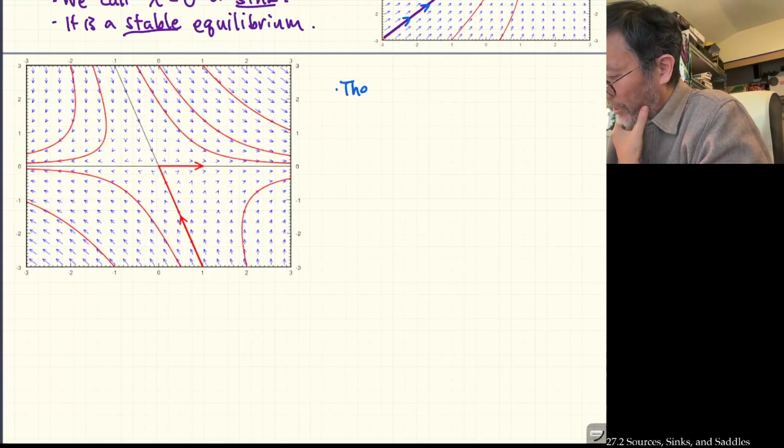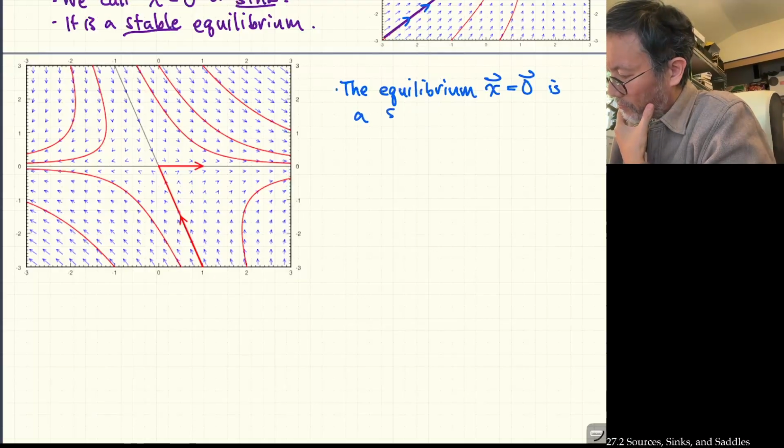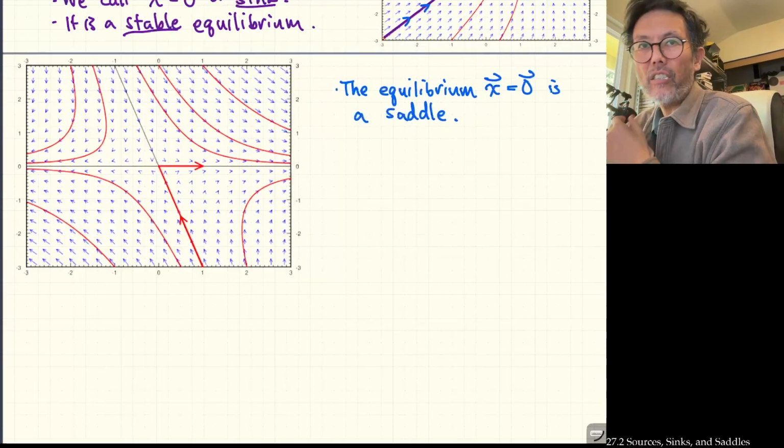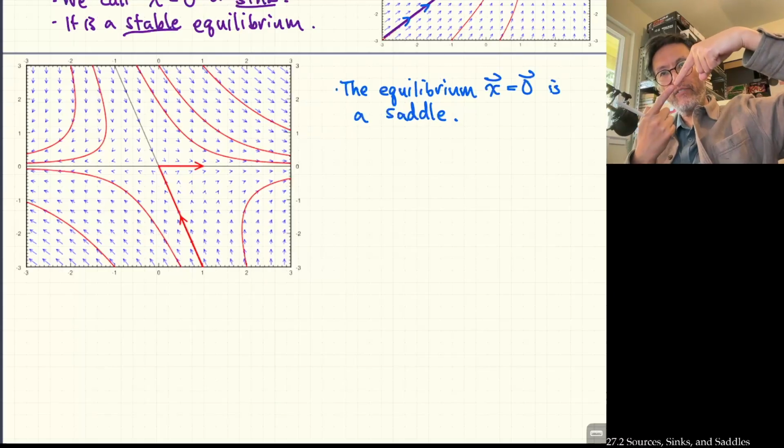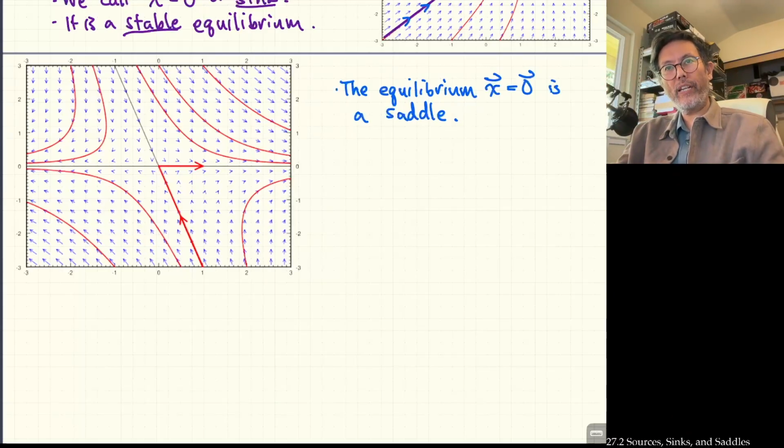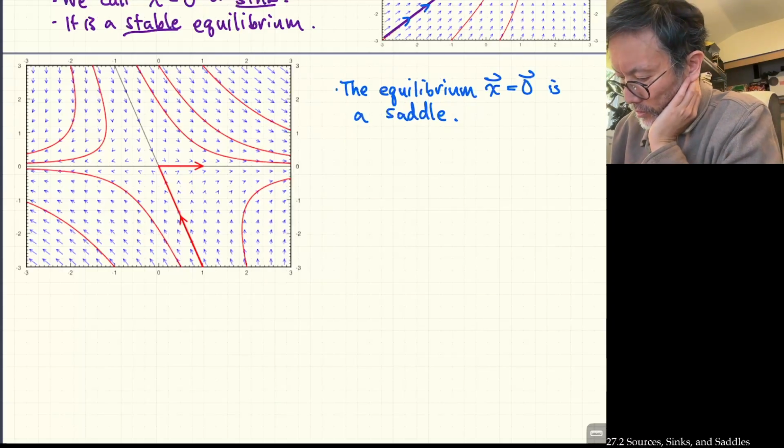The equilibrium here, x equal to 0, is a saddle point. Because in one direction we have that attractive behavior, and in the other direction we have this repulsive behavior.